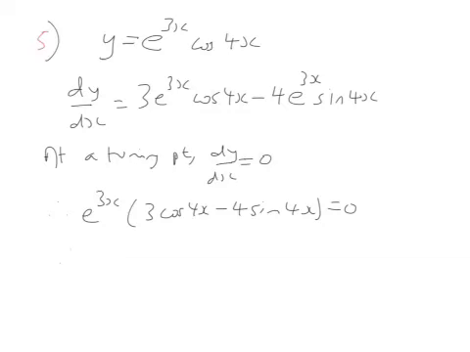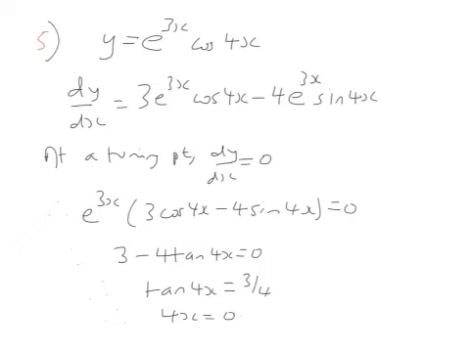Let's divide by cos 4x, so we get 3 minus 4 tan 4x equals 0. In other words, tan 4x equals 3/4. So therefore 4x is inverse tan of 3/4, which is 0.6435. But we also have to add pi, 3.785.